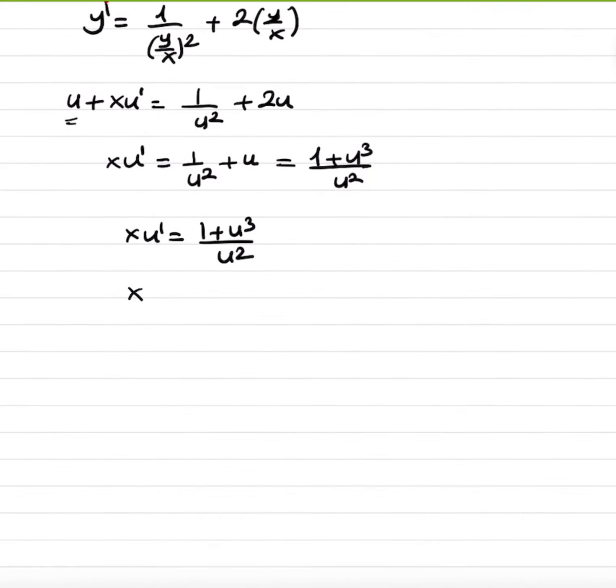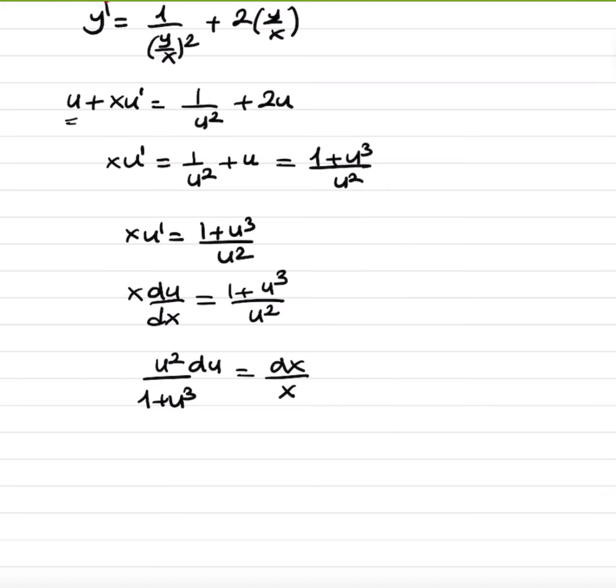We can collect u terms on one side, x terms on the other side. So we will multiply by u square and divide by 1 plus u cube, and we take x's to the other side, dx over x. Great.